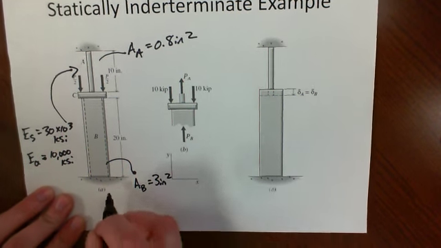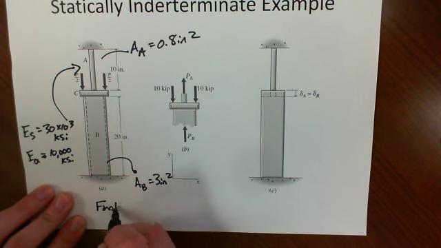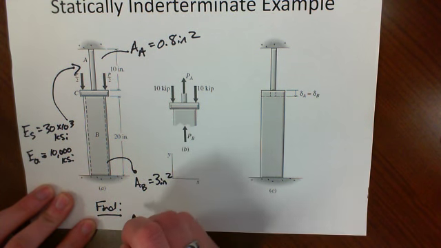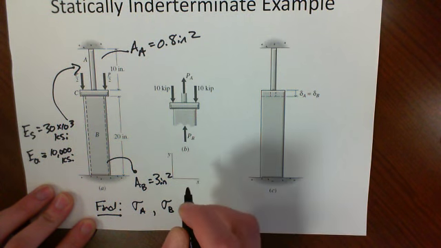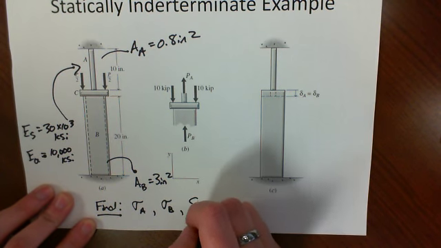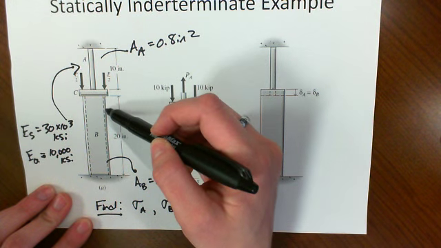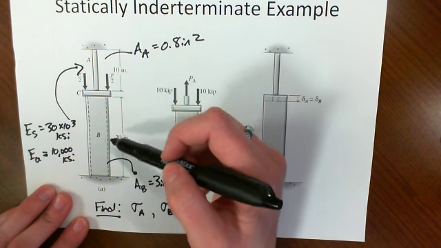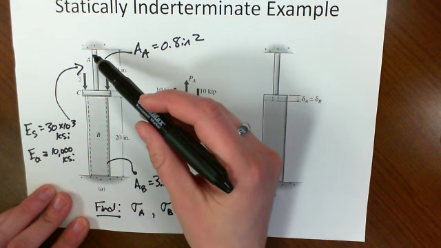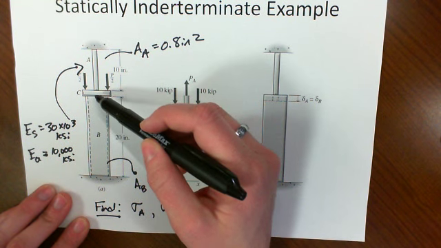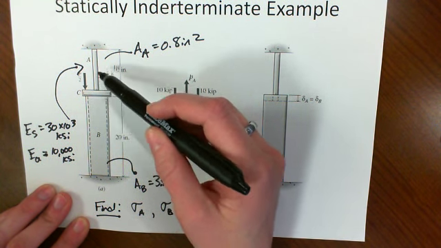We need to find the stress in A, the stress in B, and delta C, or how far this plate is going to move down. So even though the overall deformation here has to be 0 because these are fixed, this plate can move up and down based on this load.